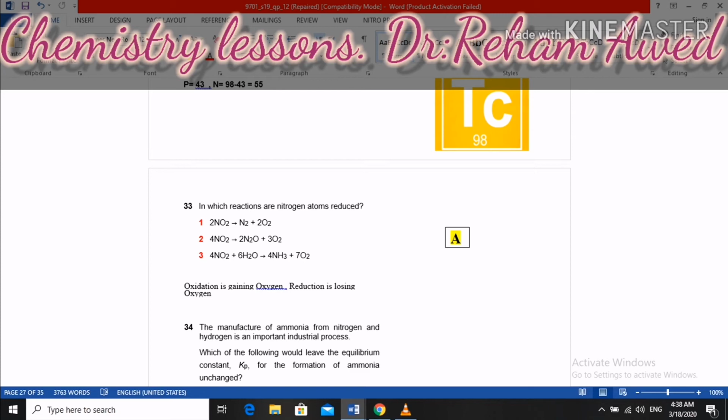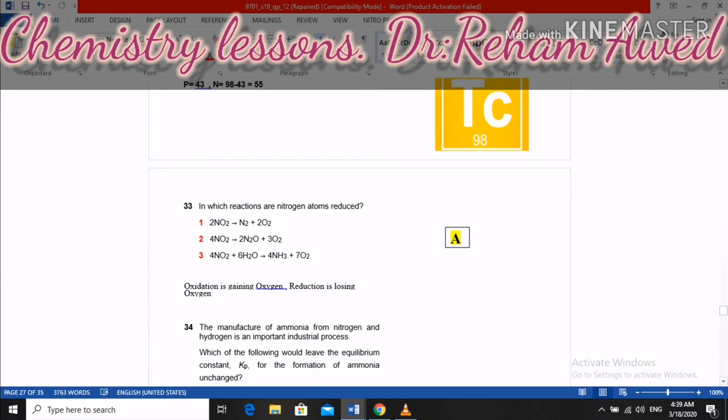We can say reduction is gaining electrons and it is the decrease in the oxidation state. At first we have NO2 converted into N2 plus O2. So nitrogen converted from nitrogen oxide into nitrogen. So we lose oxygen. So it is reduced.